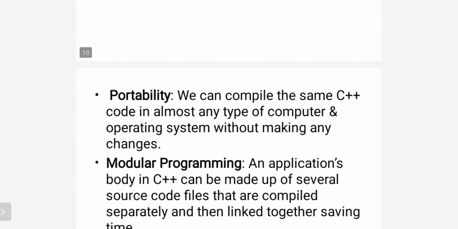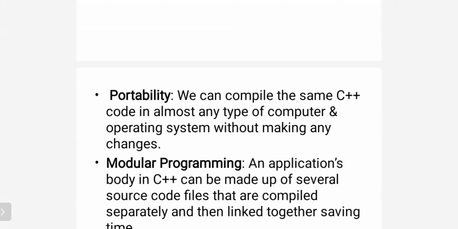Next is portability. What is the meaning of portability? We implement a C++ program, and that program can be compiled on any computer and any operating system without making any changes in the code. We implement the C++ program and compile it on either a desktop computer or a laptop, on Windows XP, Windows 2000, or any other operating system.